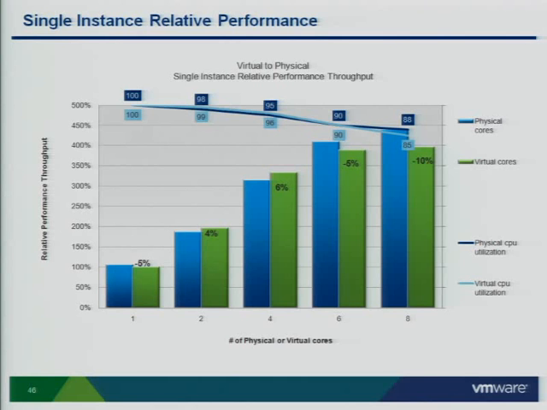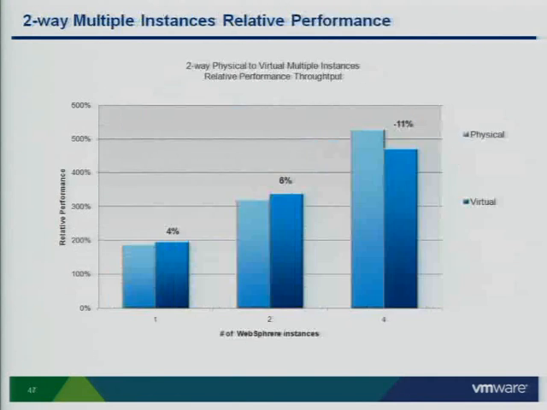In this case, we are comparing a single CPU virtual to a single CPU physical in 1 core, and comparing with all the cores that are on the machine. The next slide shows a 2 virtual CPU or 2 core comparison with a single virtual machine, 2 and 4 virtual machines in this case.